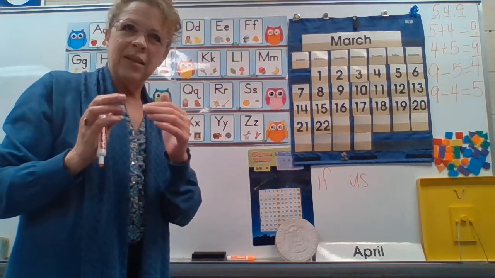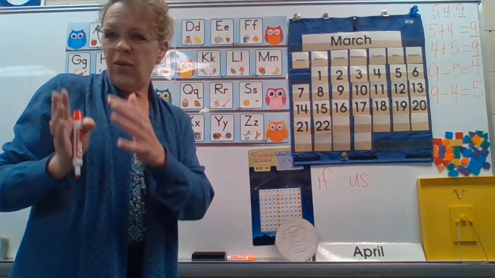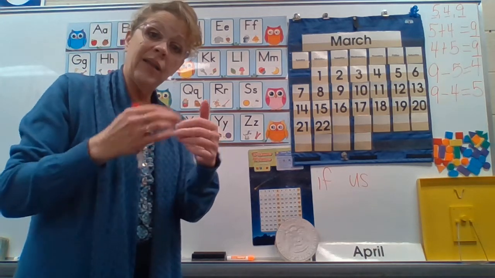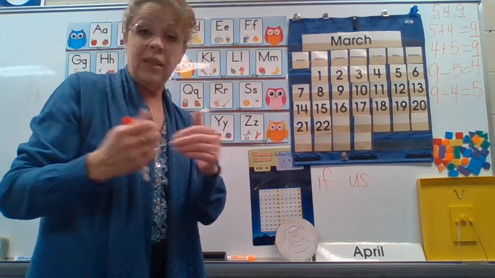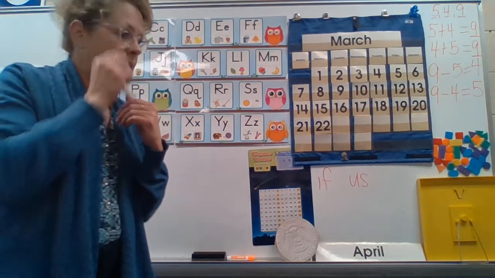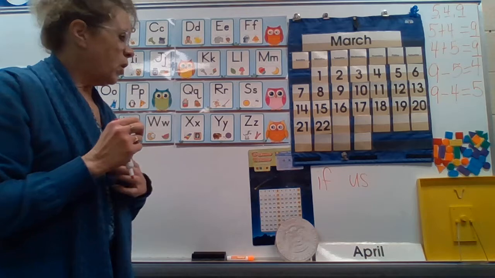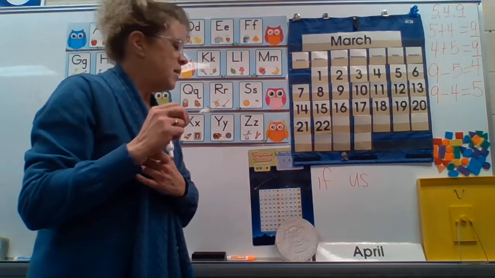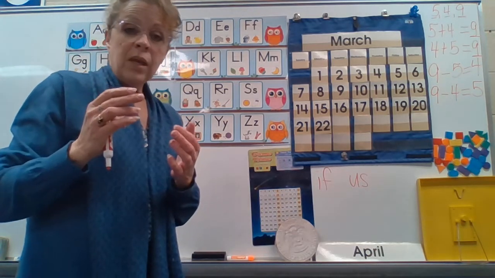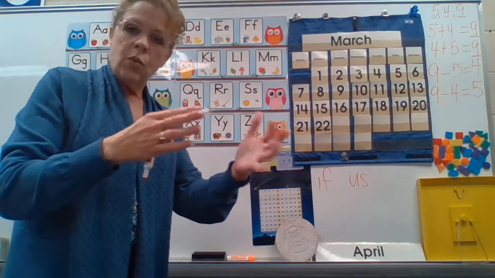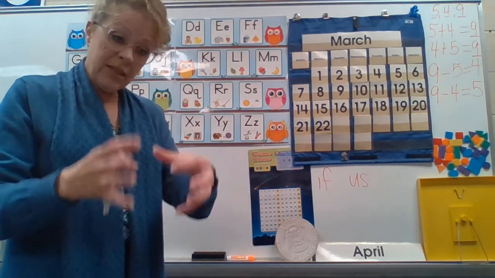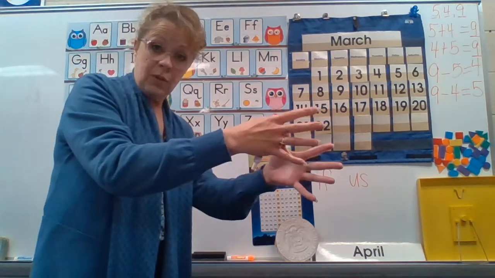It kind of means, well, this, but I need this to happen, and then it'll be okay. All right. So we're going to use if and us in a sentence, and we'll see how that condition works. How this can happen, but this has to happen also.